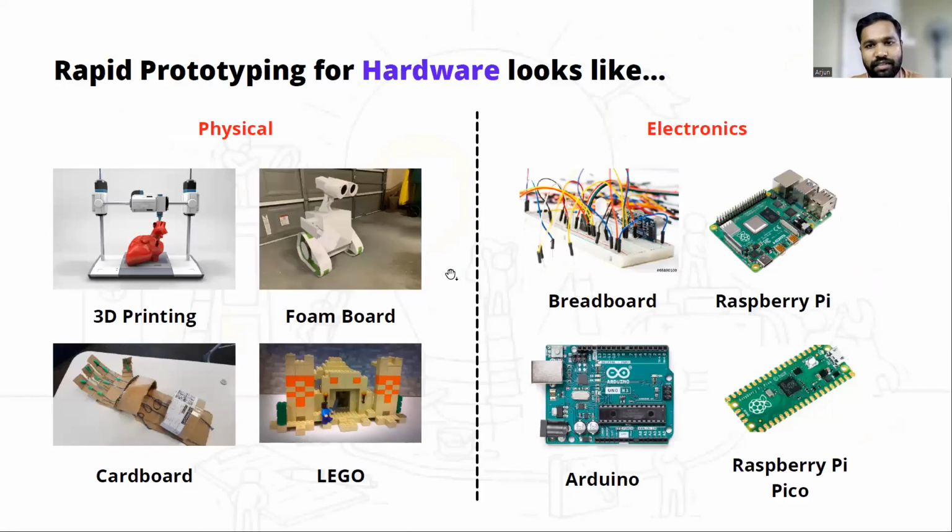So let's see some examples of hardware based prototyping. In the hardware world itself, there are two types. One is electronics and one is just physical. If it is just a physical prototype, of course these physical prototypes will also have some electronics embedded into them, but even before that, if we want to validate certain things, we can just do a physical prototype without even thinking about embedding the electronics.